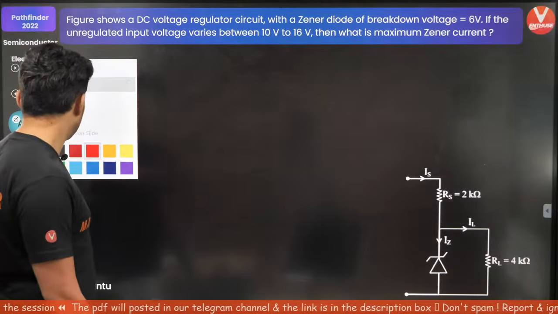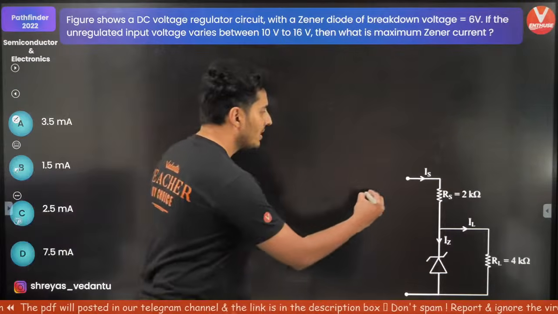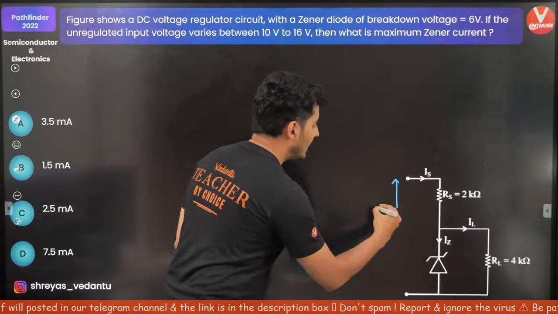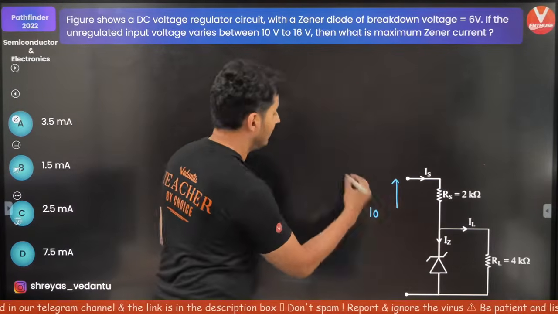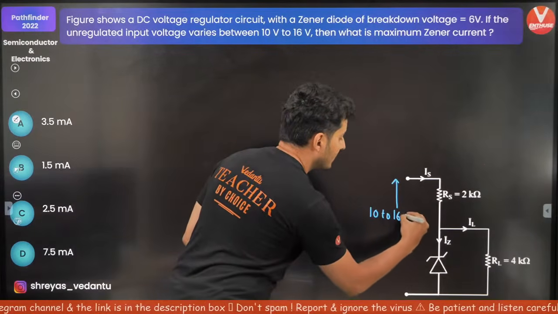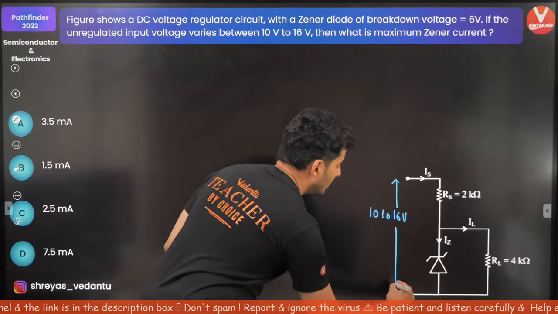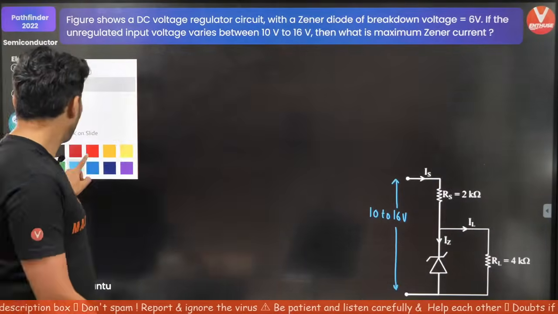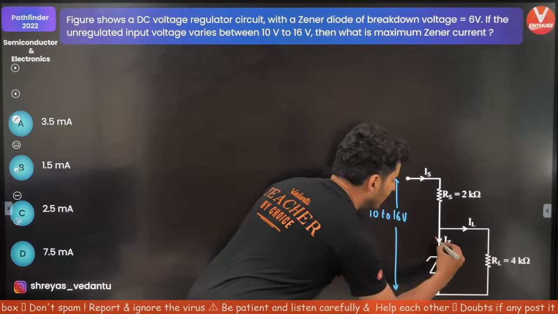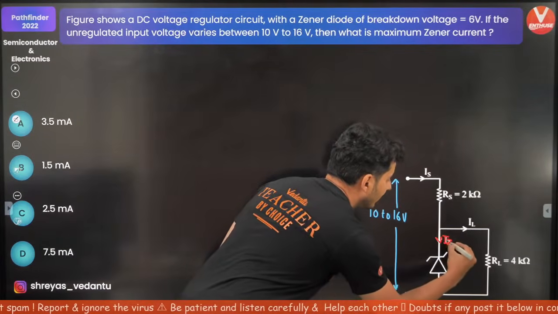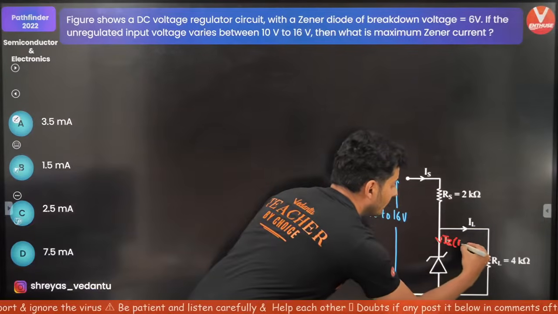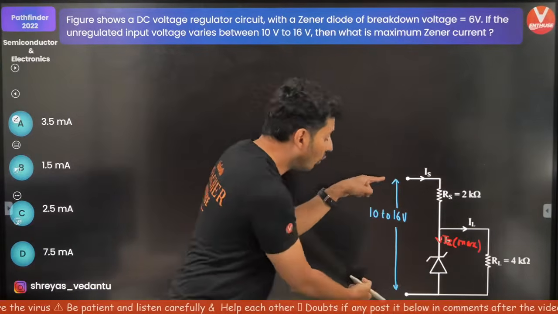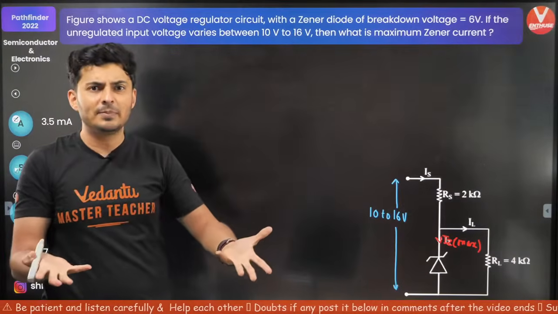Okay, let me explain this to you. Observe, guys. This is your input voltage. It can vary anywhere between 10 to 16 volts. Now the question says, what is the maximum Zener current? If you want to find this value, IZ, to be maximum, that means the voltage which is applied also should be maximum.